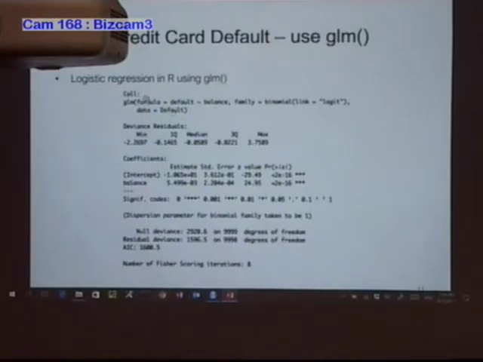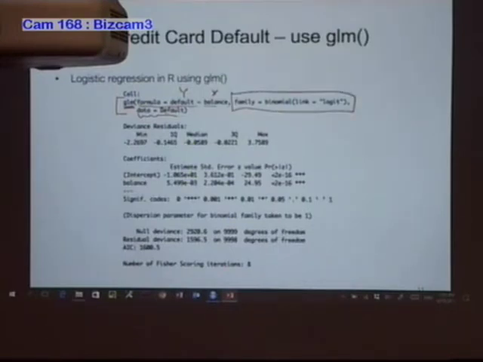This is more general, but still in the same sort of format and grammar. So that's the command we run for logistic regression. GLM is the function. We still have to specify what your data is and what your model is. This is our model. This is Y. This is X. That's all the same. The only thing special is this guy.